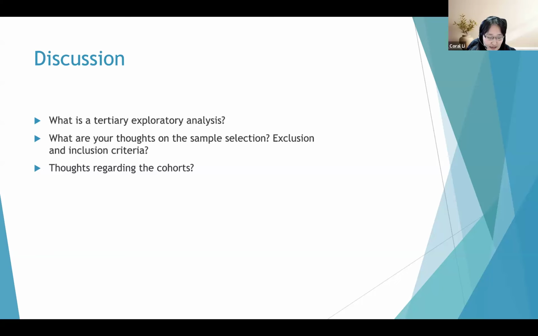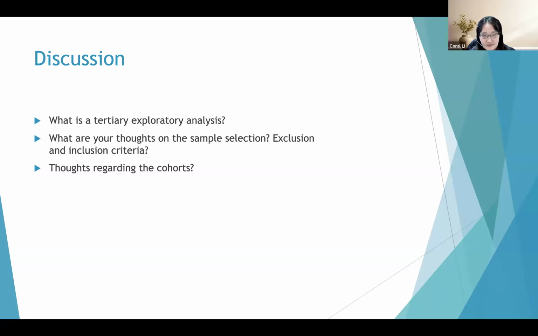And because of that, we do have to question how reliable the conclusions are in these particular articles, because of how they're interpreted and because they weren't pre-planned. So you have to question the reliability of the results of these studies.